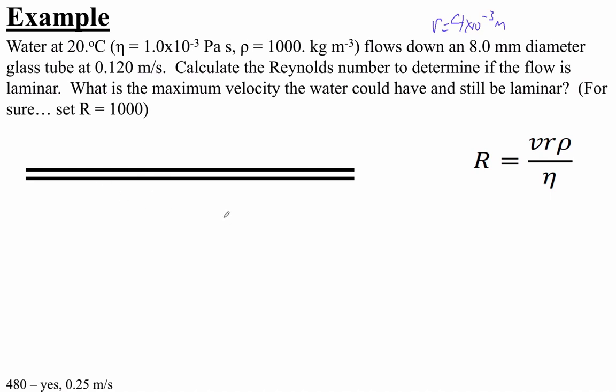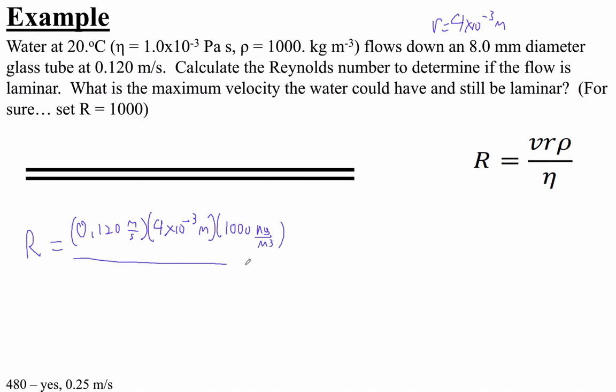So evidently it's not turbulent at this velocity, and it would be turbulent at some higher velocity. Our Reynolds number is the velocity, 0.120 meters per second, times the radius, 4 times 10 to the minus third meters, times the density, 1,000 kilograms per cubic meter, all divided by 1.0 times 10 to the minus third Pascal seconds.